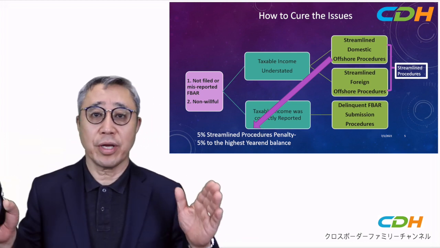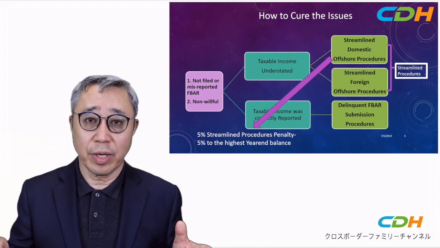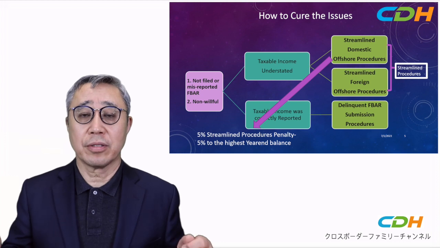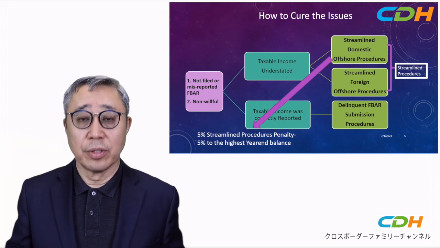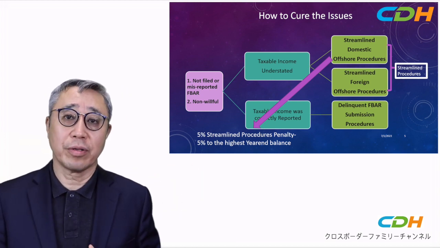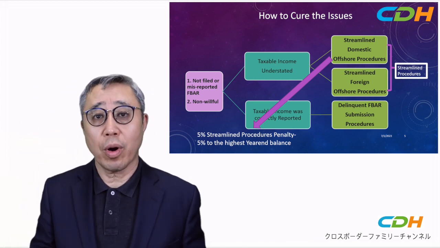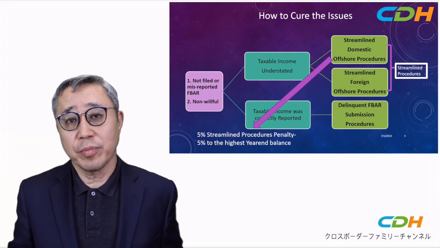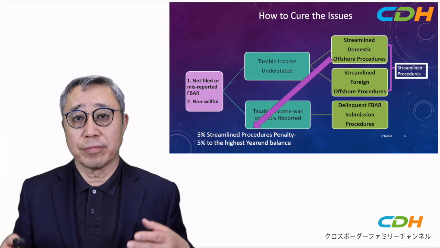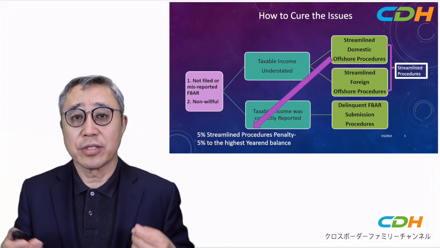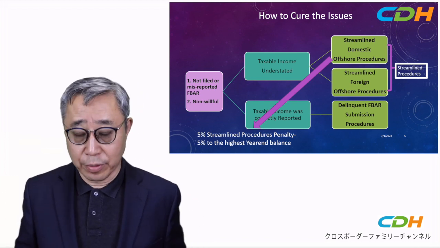I think timeliness in trying to correct past problems is one of the significant factors for the IRS to consider when they evaluate the streamlined procedure or your case. At the same time, your past compliance history of filing tax returns is also an important factor for the IRS to consider.